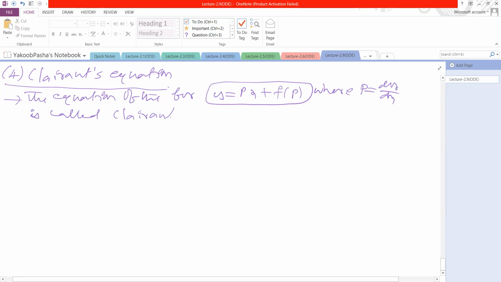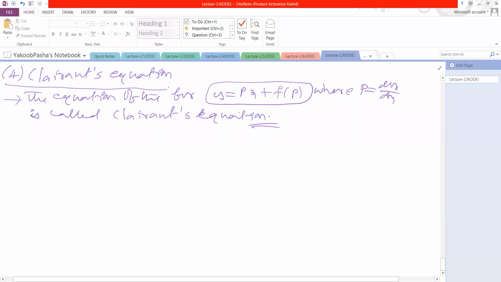Okay, you have to remember this. y is equal to px plus f of p. f of p means it is a function of p, where p is the first order derivative dy by dx.